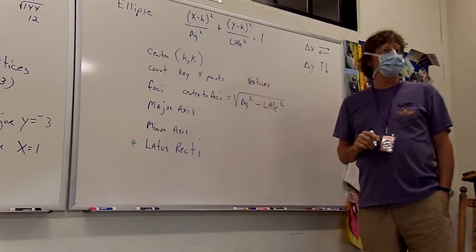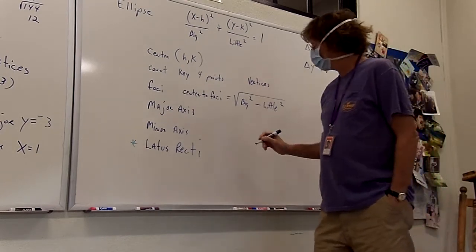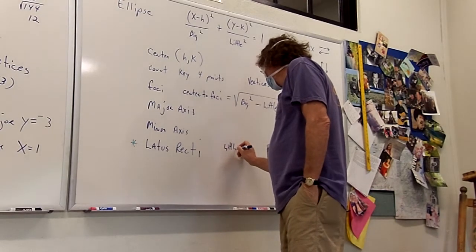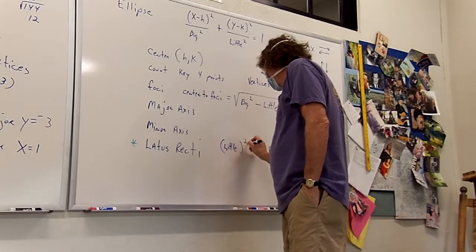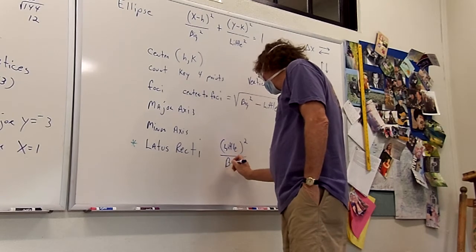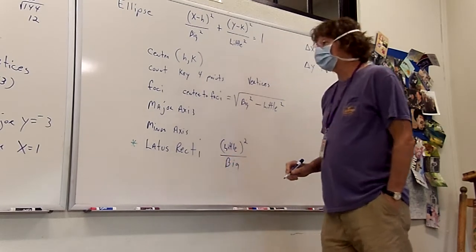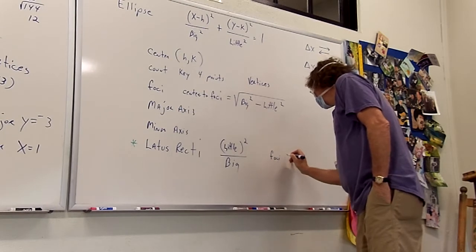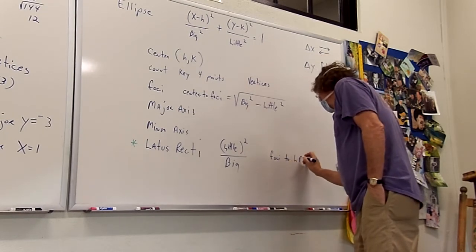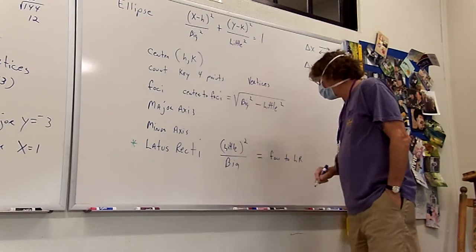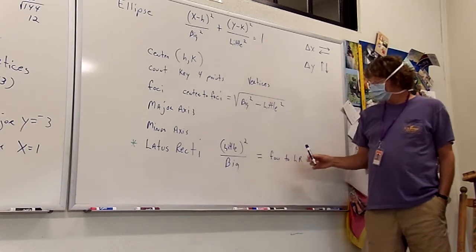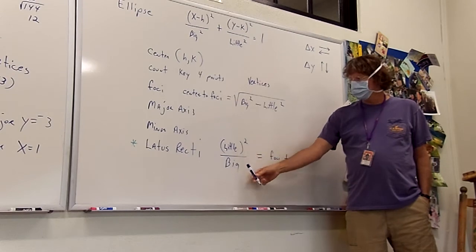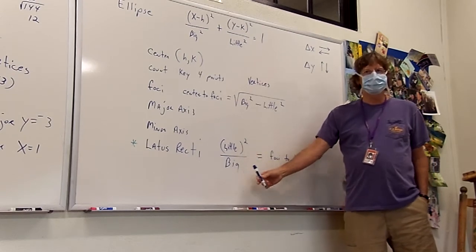Okay, I'm going to tell you the formula to find latus recti. It is the little number that you did squared over the big number. And that's the distance from the focus, foci, to latus recti. I just put an LR there. But the focus distance to the latus recti distance is the little number squared over the what? Big number.